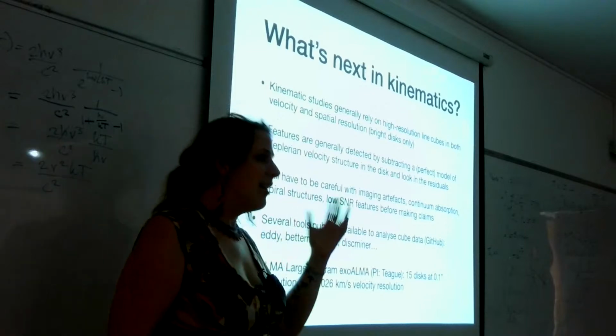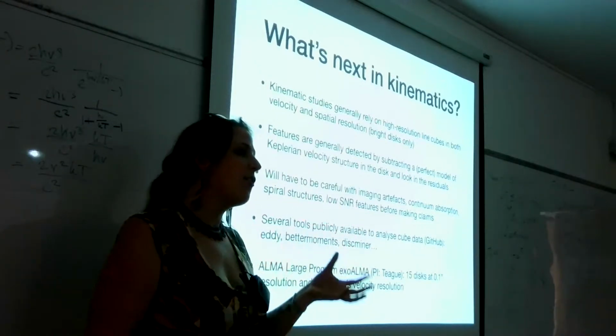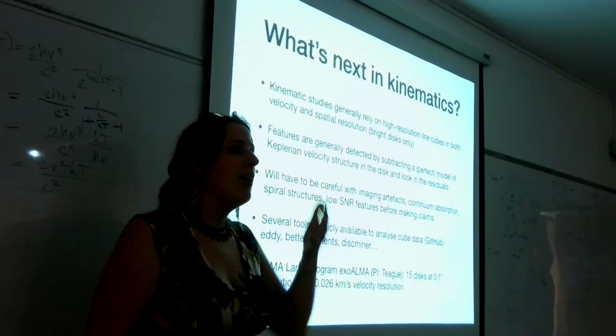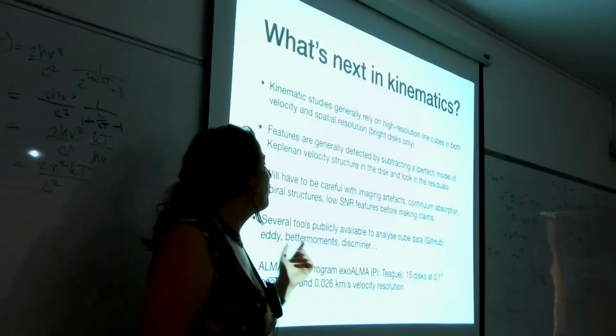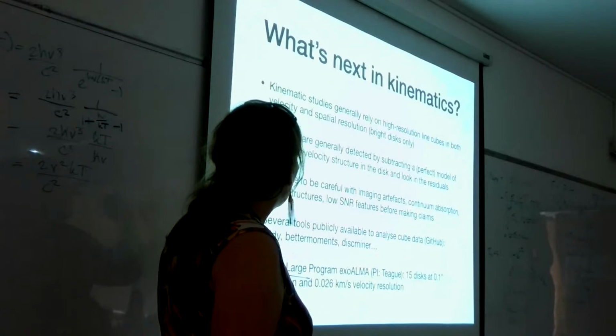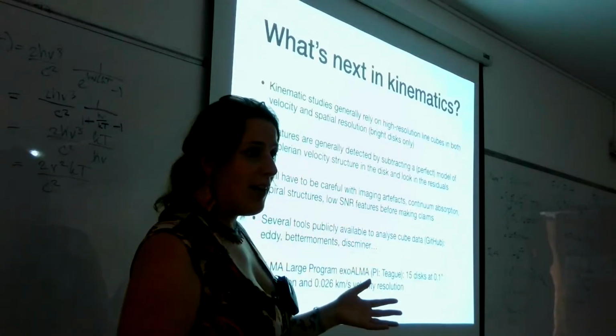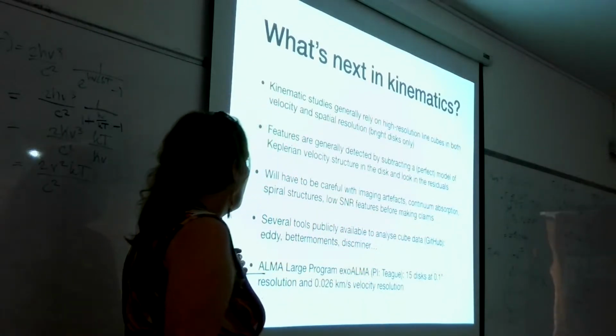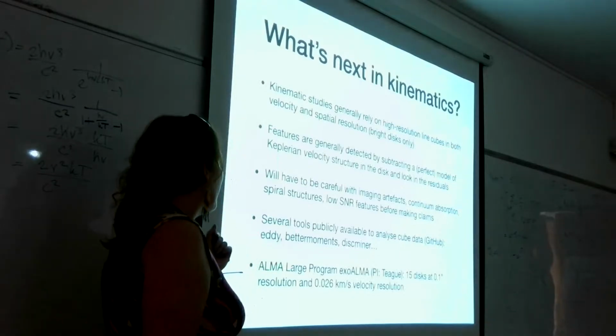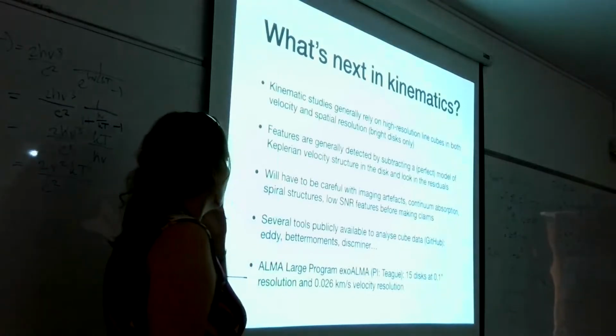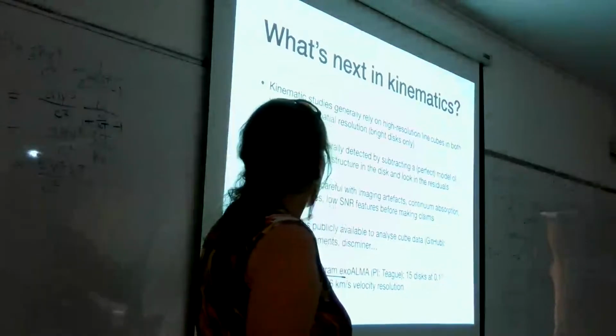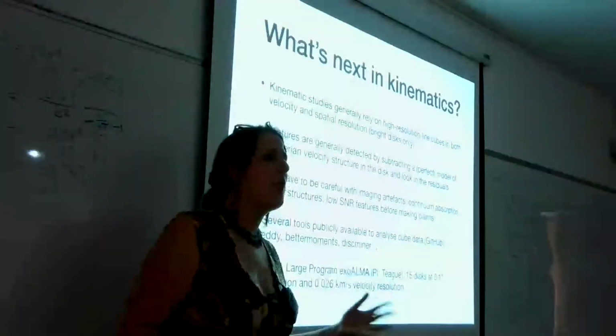Since we're looking at channel cubes, the signal to noise is a little lower than what we're used to with, for example, continuum images. So you have to be more careful with imaging artifacts, which we covered, but also absorption and foreground cloud contamination, the spiral structures that I mentioned with the Doppler flip, and in general, those signals must be checked before making the claim.